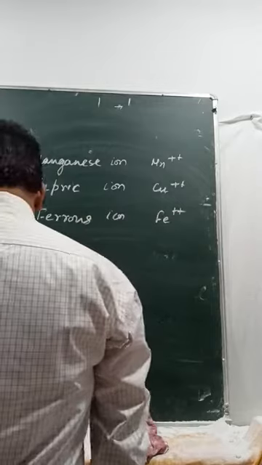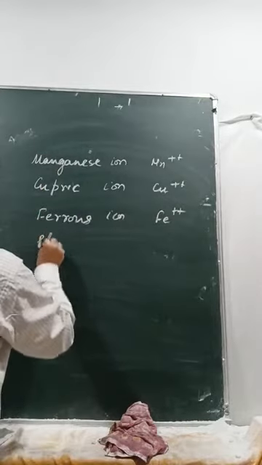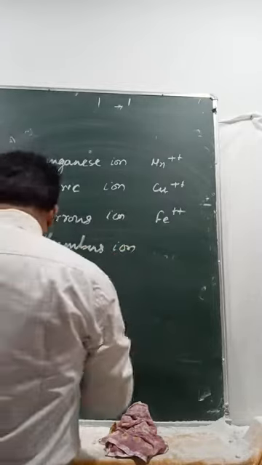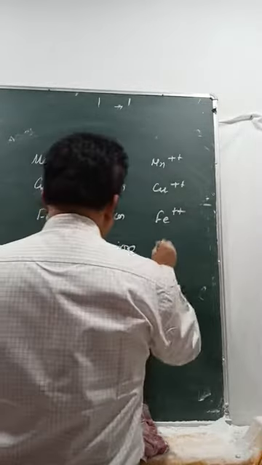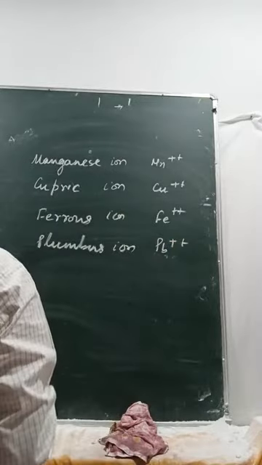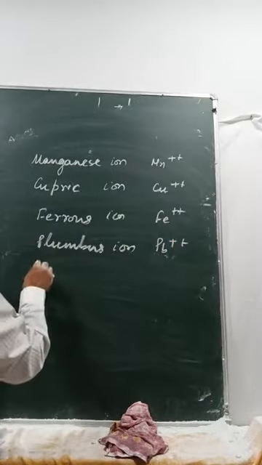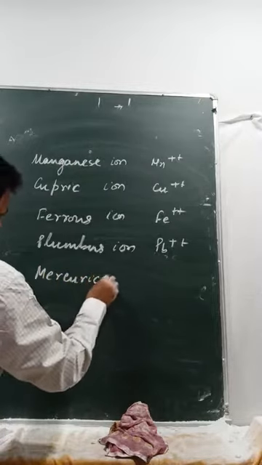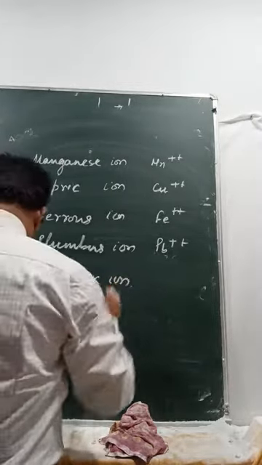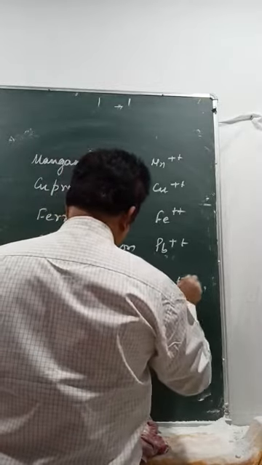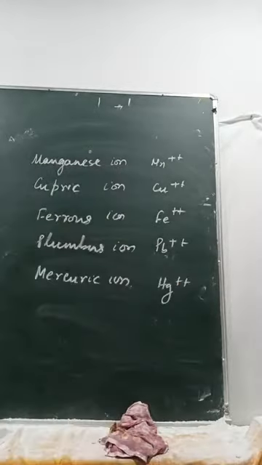Then plumbous ion, that will be Pb plus plus. Then mercuric, that is Hg plus plus. These are the divalents.